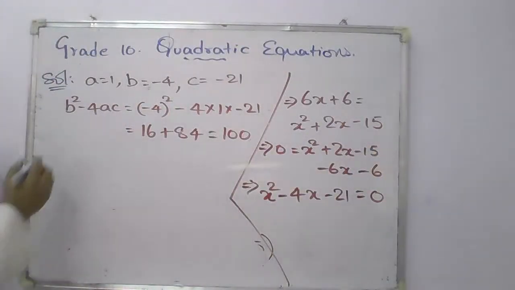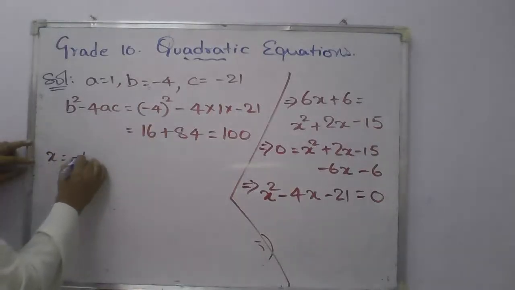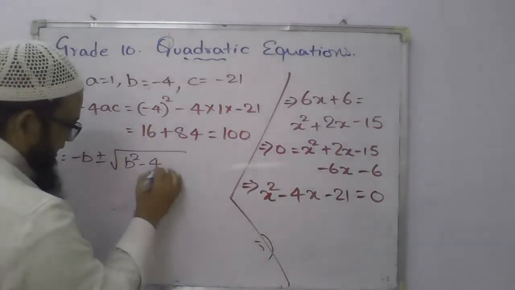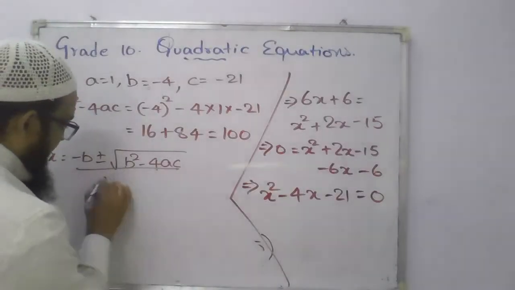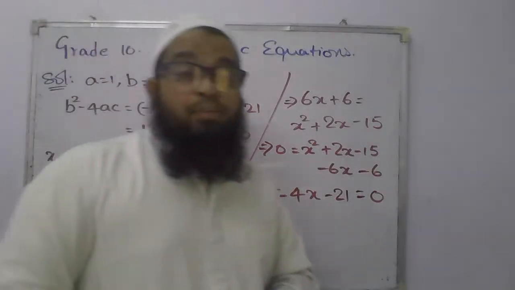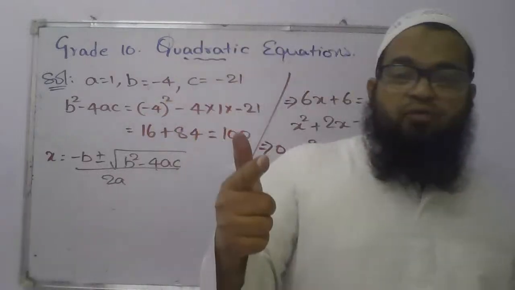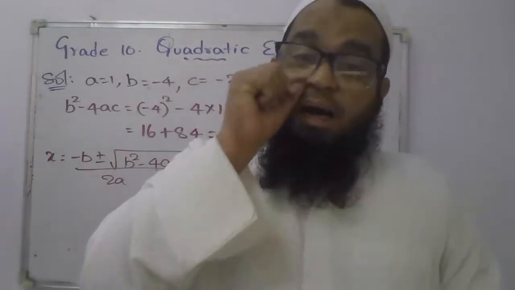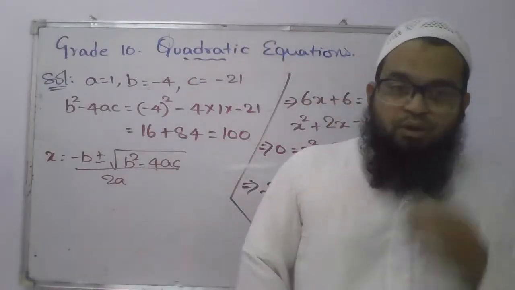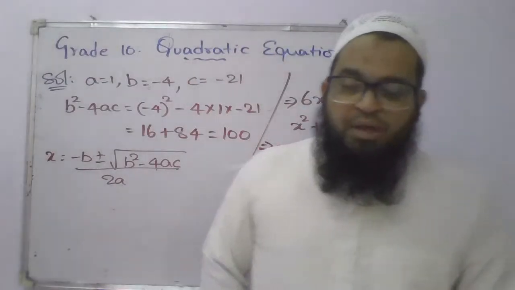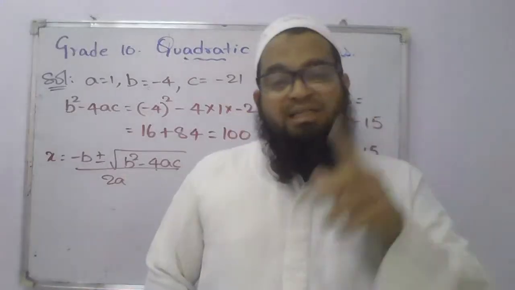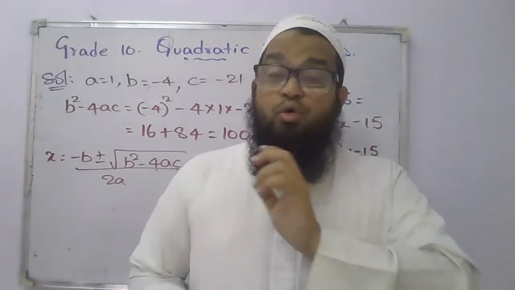So let us see, x is equal to minus b plus or minus square root of b square minus 4ac divided by 2a. Students, even if you are practicing, please write formulas, laws of exponents and algebraic identities whenever you need them. Don't skip it, thinking that you will do it in the examination.